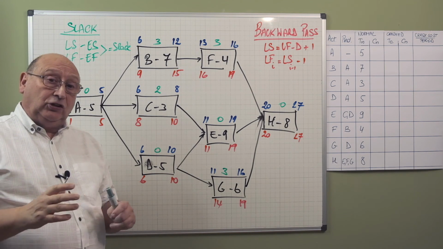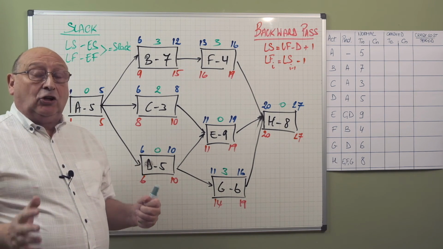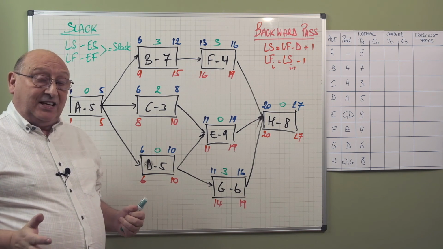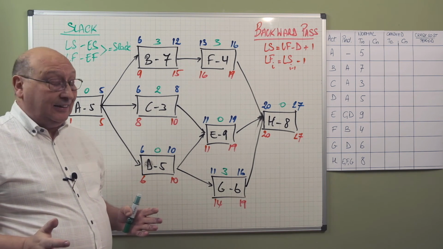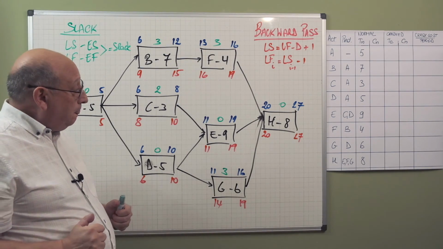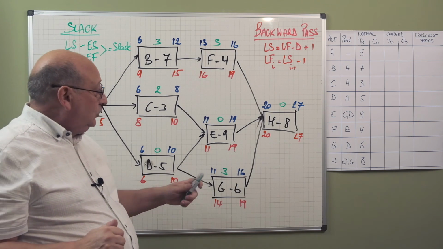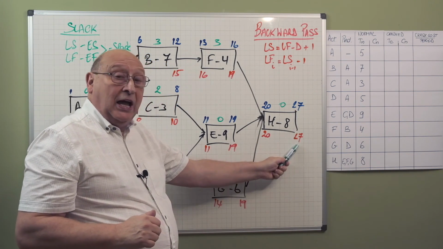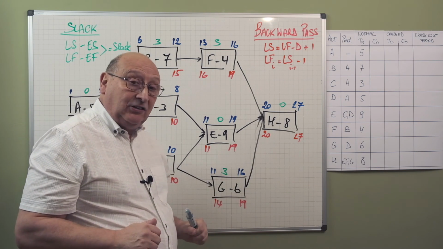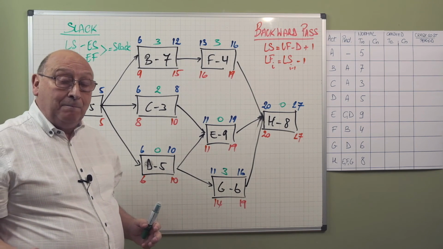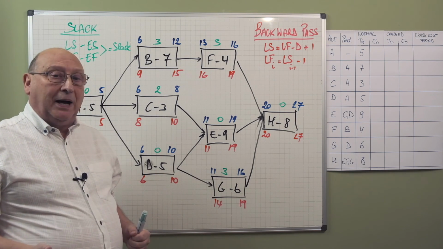Now we have to find the critical path. The definition of the critical path is the longest path through the network. Basically we have to find that path. When the early finish of the project is equal to the late finish of the project, the activities that have slack equal to 0 are in fact on the critical path.